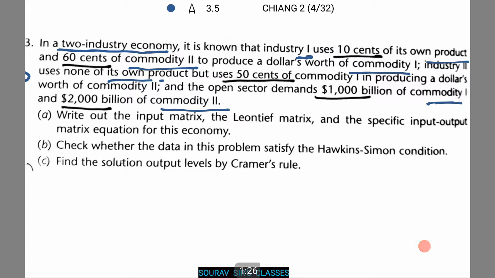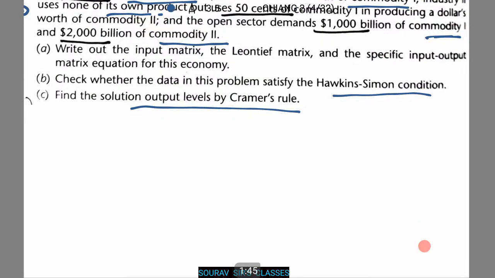Next we are asked to check whether the Hawkins-Simons condition is satisfied, and finally we have to find the solution output level by Cramer's rule. I'll be doing one additional problem, stick around for more.